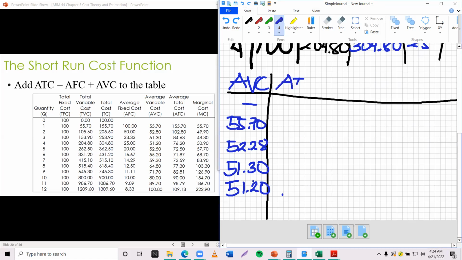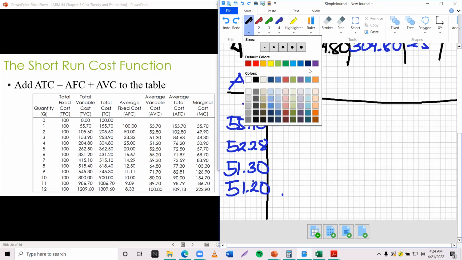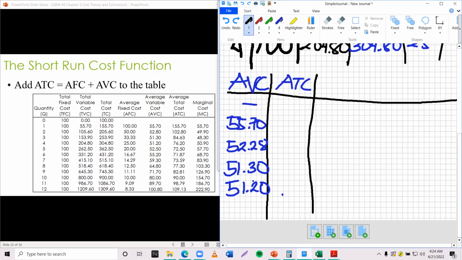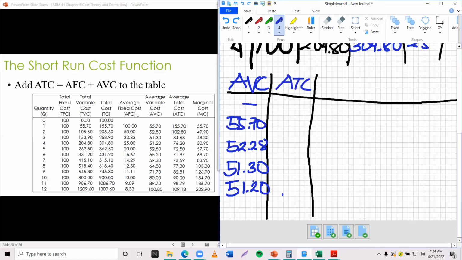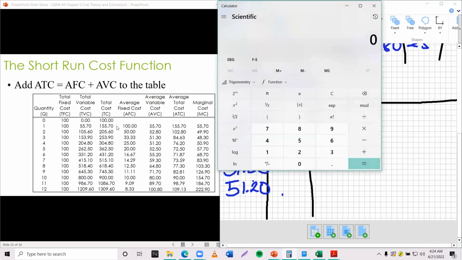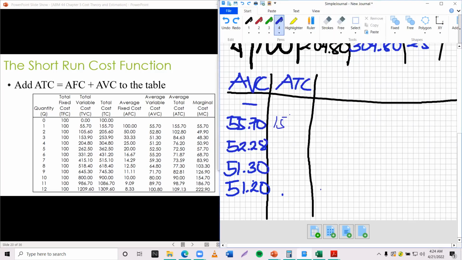Next we are going to solve for the average total cost. From the word itself, you just need to add both AFC and AVC. Let's try to add them. For example, 100 plus 55.70 is 155.70.